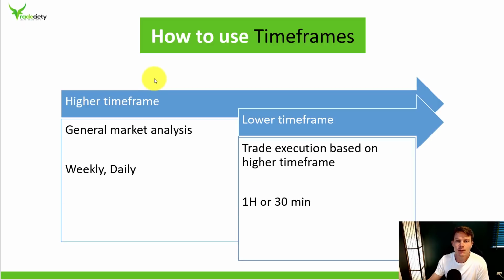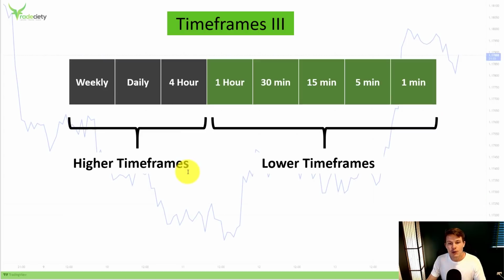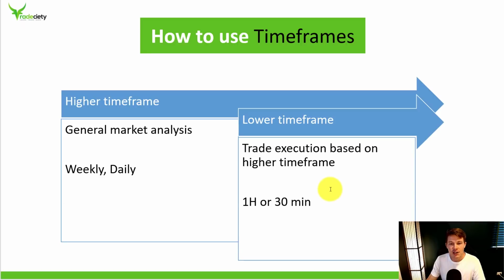So how do we use time frames? And very often you will hear things like a multi-time frame analysis. And this is where you are combining higher time frames and lower time frames. And generally what we are doing, we are using the higher time frame first to just get an idea of the general market. Is the market generally moving up or down over the past few months or weeks or days? What has happened recently?